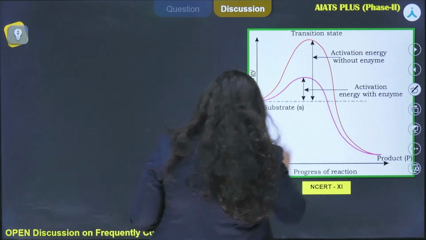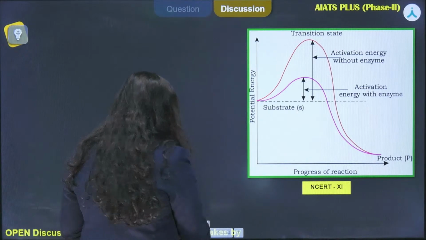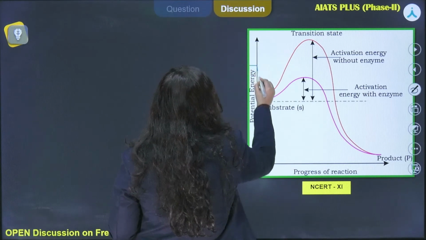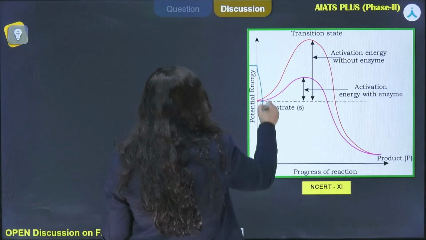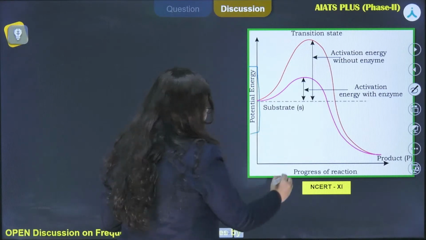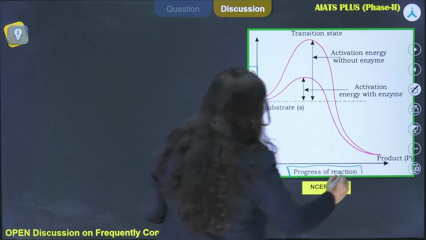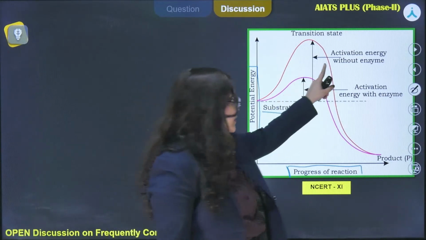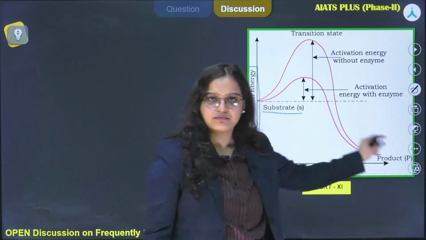Alright, so here we can see a graph which is showing us the potential energy level and the progress of reaction. And over the course of reaction, we can see that we have our substrate which is being converted into the product.